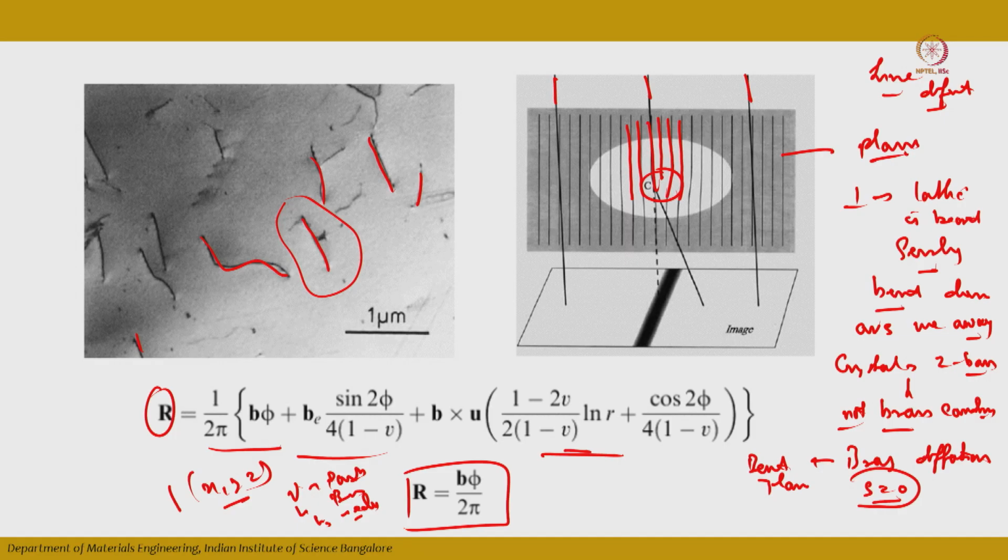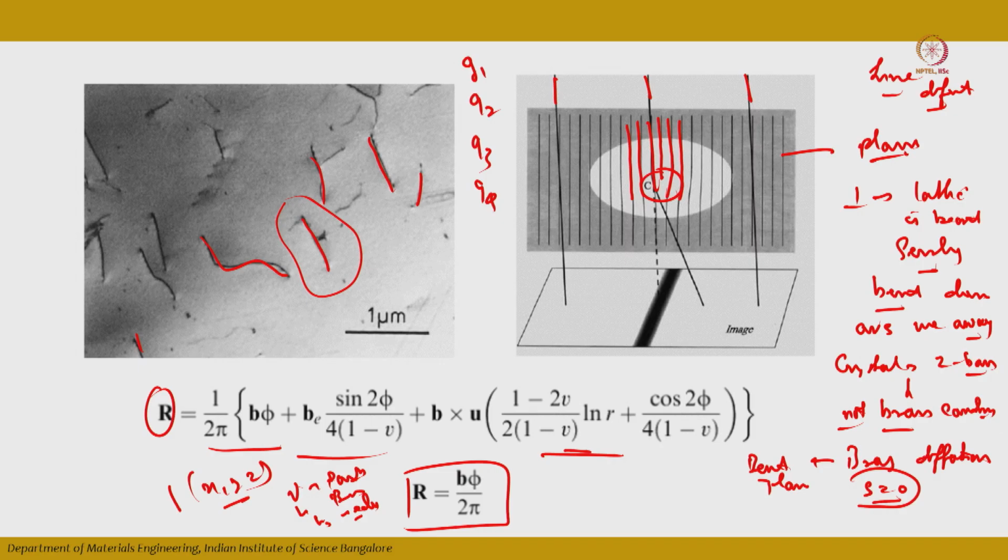Okay. So this is how we can identify what type of dislocation is present. Usually what we do is tilt the sample and orient the crystal in such a way that at different G1, G2, G3 and G4 conditions you can take the image from the same region where the dislocation is present.